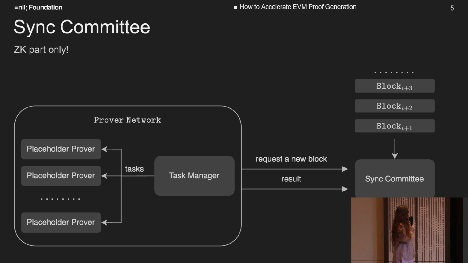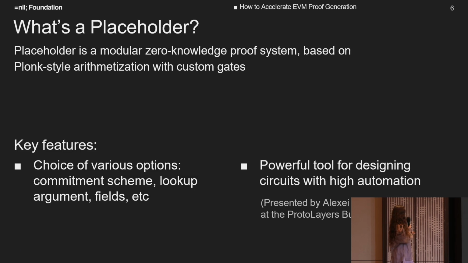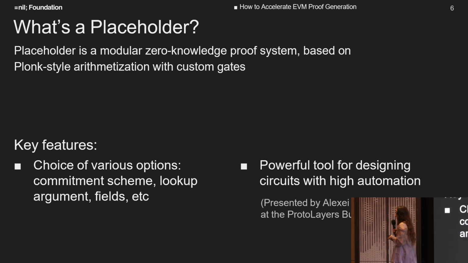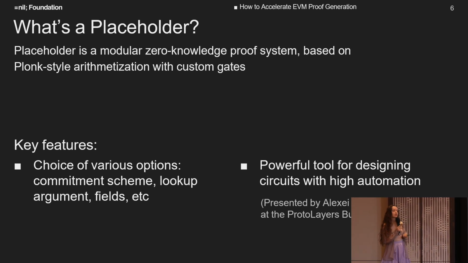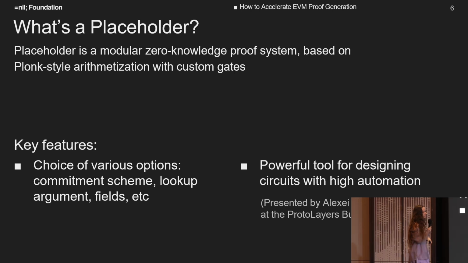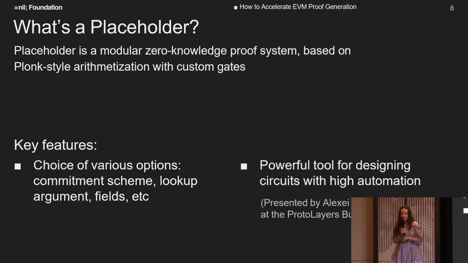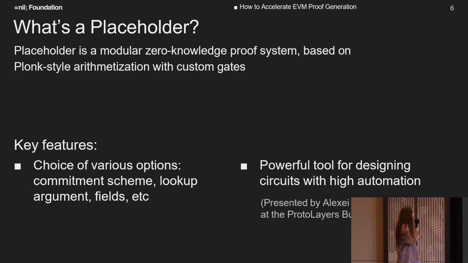Here I want to explain a little bit what exactly the placeholder prover is. It's our proof system. It's Plonk style with custom gates, and it has several choices, for example, of commitment scheme. You can use KZG, or you can use LPC.